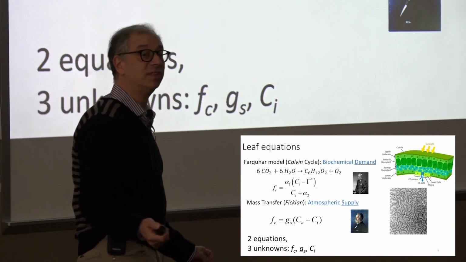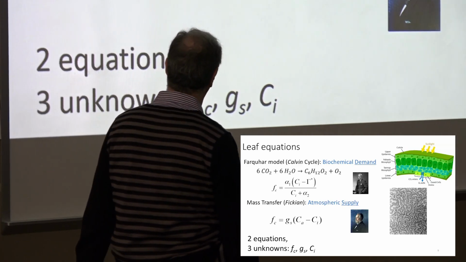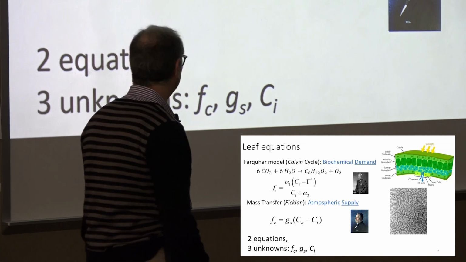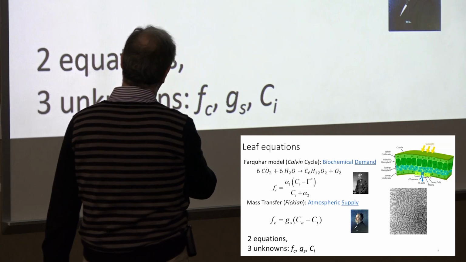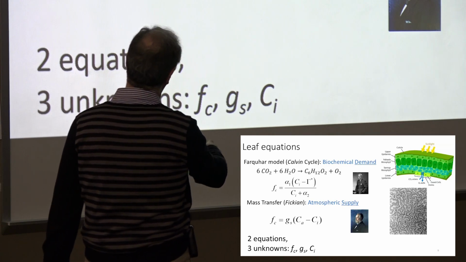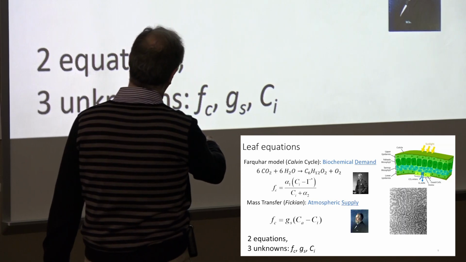What is the porosity of this medium, in a nutshell? That requires some parameterization. From a mathematical perspective, when you combine these two equations, you basically had one equation initially with two unknowns: the photosynthetic rate and internal CO2 concentration.